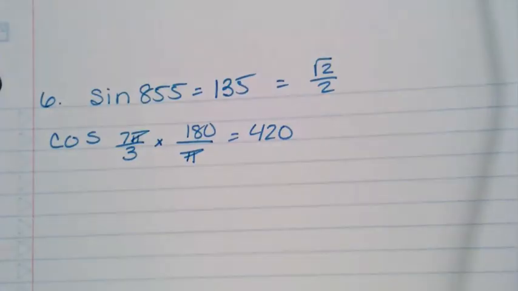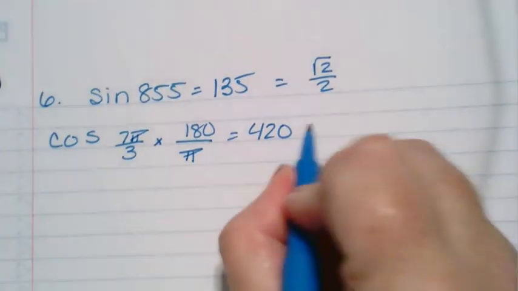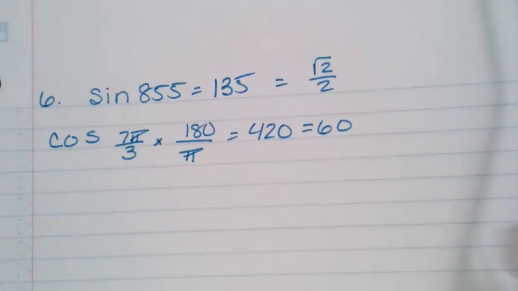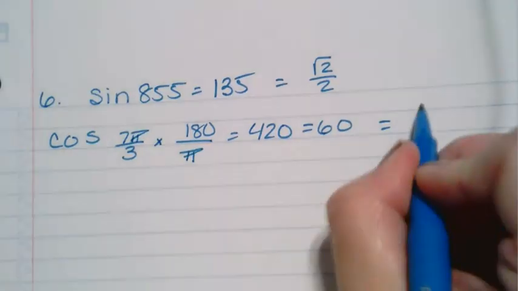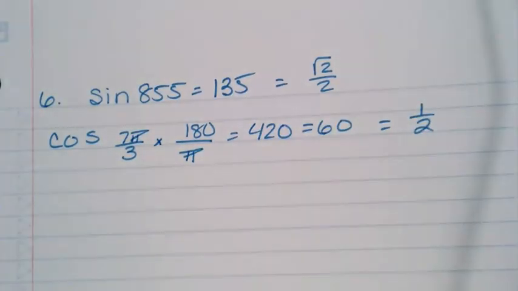We do have to subtract 360, which is 60 degrees. So what is cosine of 60? Let me just double check, it is 1/2, because it's the first quadrant.